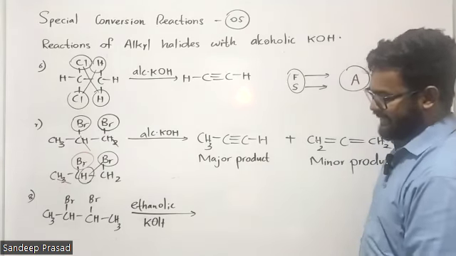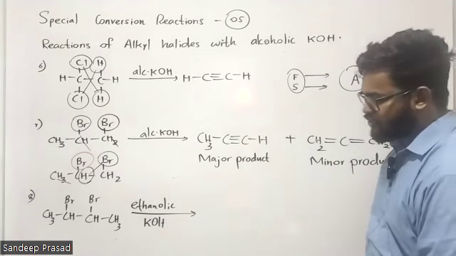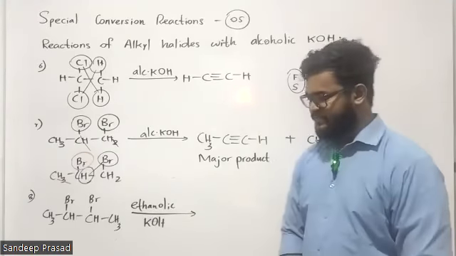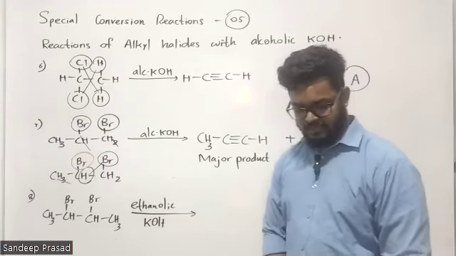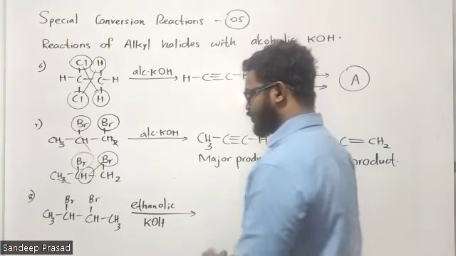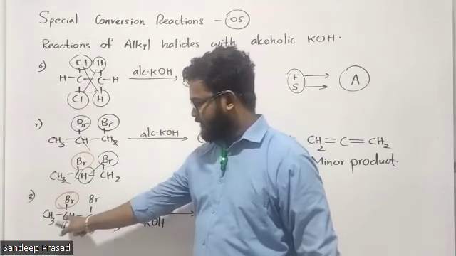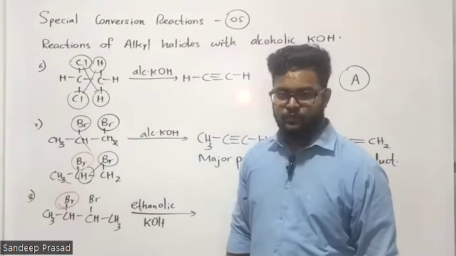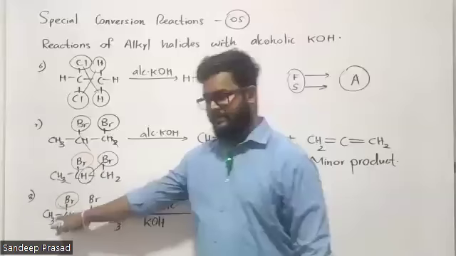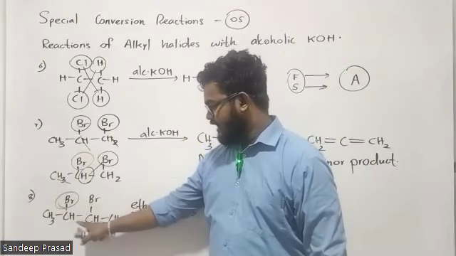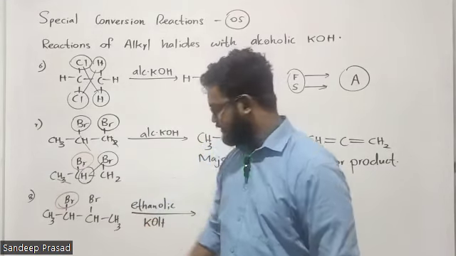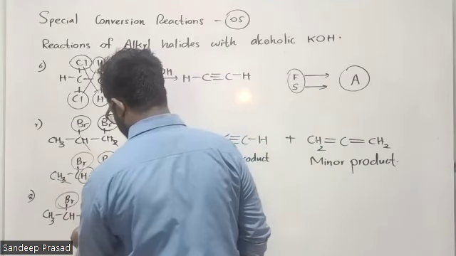Now, students, you can see what the major product should be. As we discussed before, here also bromine should be eliminated. There are two neighboring carbon atoms for the carbon atom that is connected to bromine. The left-hand side carbon contains 3 hydrogens and this one has only 1 hydrogen. So let me remove that hydrogen.